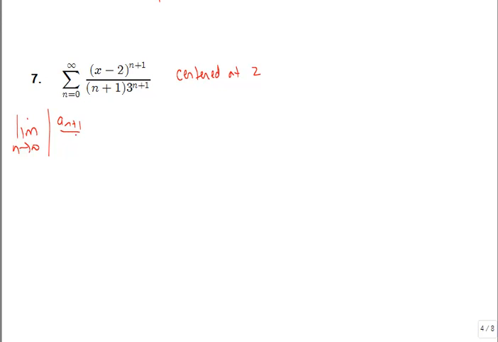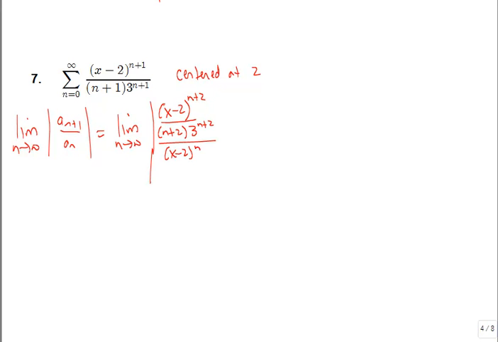So the nth plus 1 term is actually going to make all of these n plus 1's turn into n plus 2's when I substitute in another n plus 1. So this will be x minus 2 to the n plus 2 over n plus 2 times 3 to the n plus 2, all over x minus 2 to the n plus 1 over n plus 1, 3 to the n plus 1.